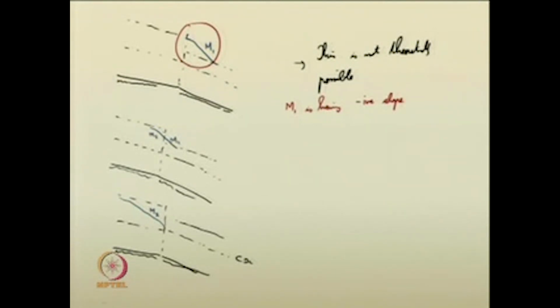So, that is theoretically not possible. Here also in channel 2, M1 is having negative slope. So, that is also theoretically not possible. Therefore, this entire profile cannot be possible. So, this is the only profile that can exist when a flow occurs from a milder channel to a mild slope channel. Okay.